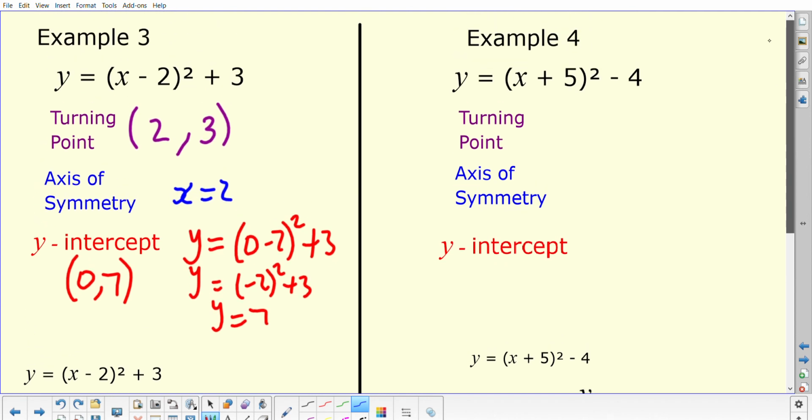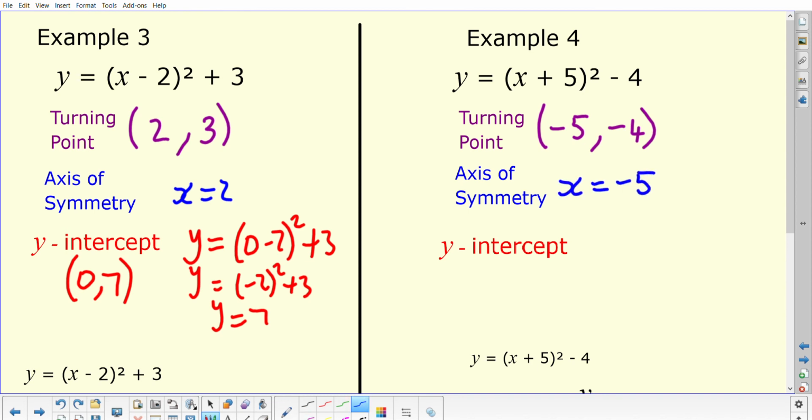Next one, the turning point, you can clearly see is the opposite of +5, that's going to be -5. The y-coordinate matches, so you get -4. Your axis of symmetry will be x equals -5.